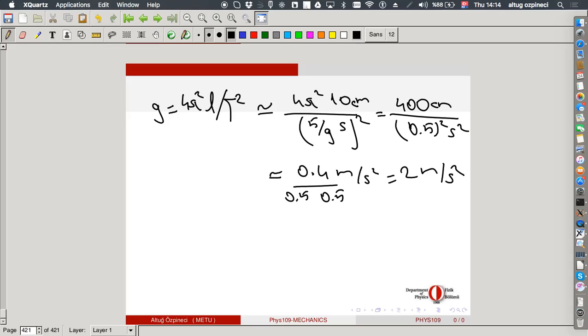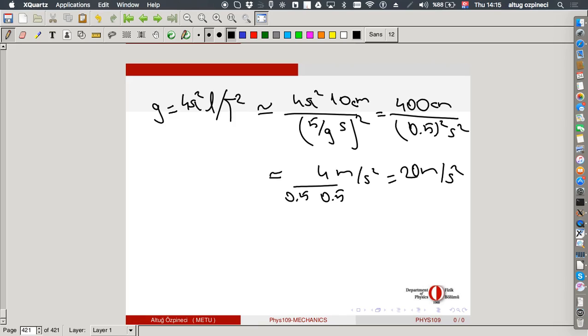Do you agree? What does the calculator tell you? Okay, not such a precise measurement of G. But basically that's what we measure. No, this is 400 centimeters. You are right, this is 4 meters. So it's 20. Now it's better.